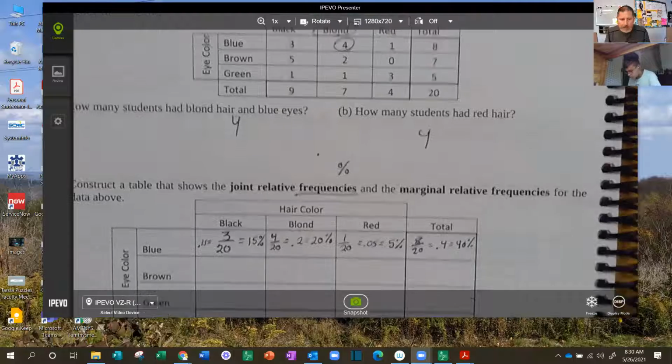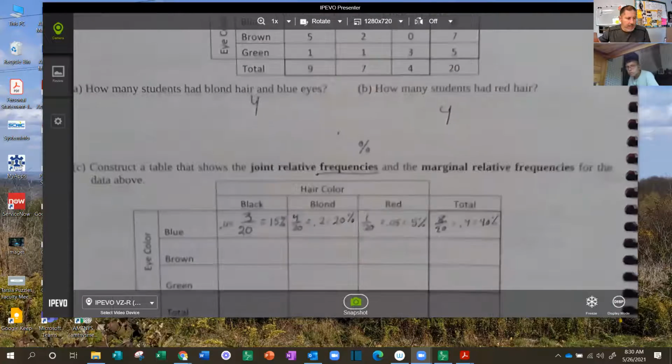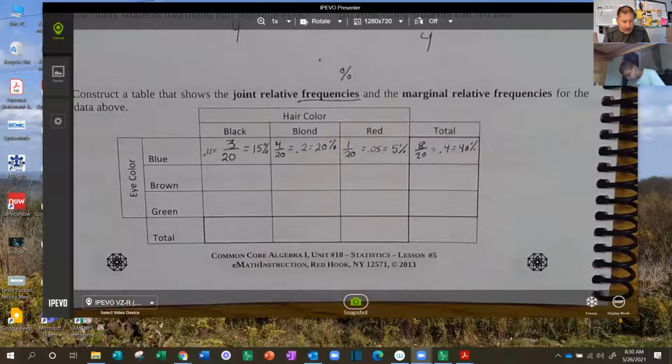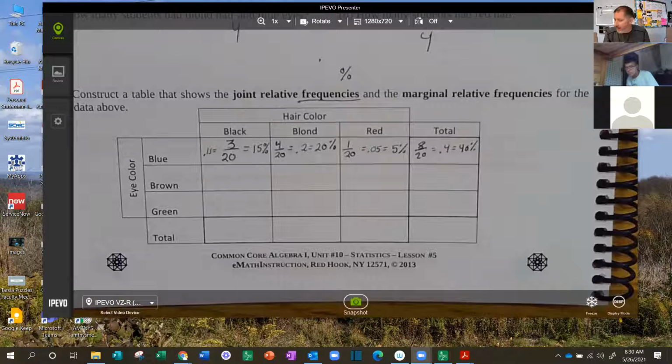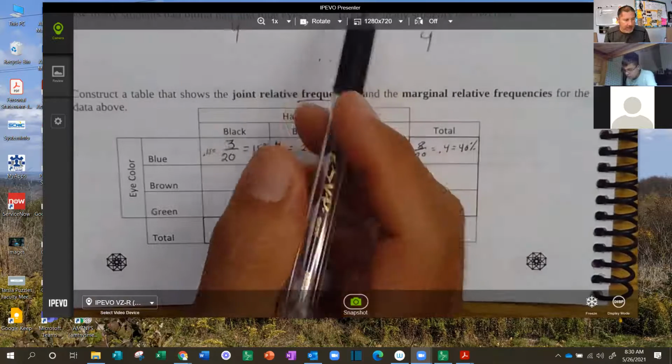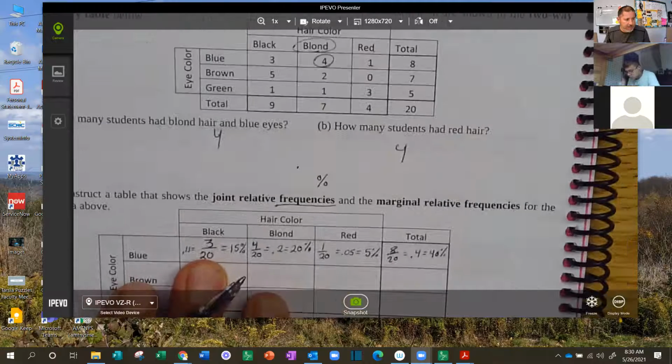All right, what I'd like you to do is take a minute to fill in these tables with the information. Hey, Ethan. So we're on lesson 5, and we're just doing frequency tables of hair color and eye color. We have this data here, and we're making percentages out of them.